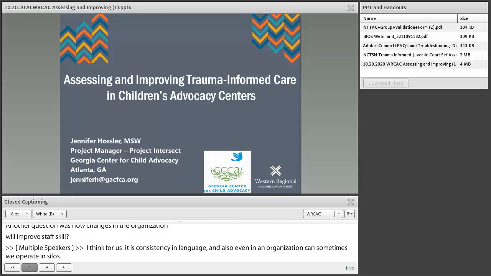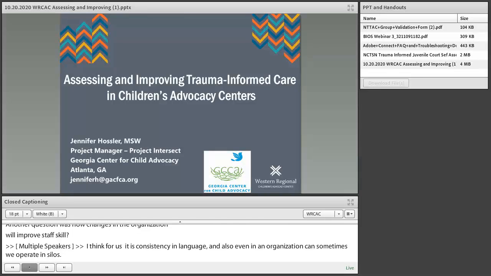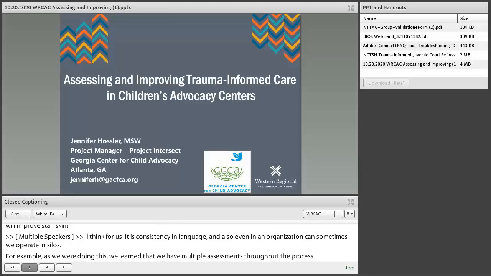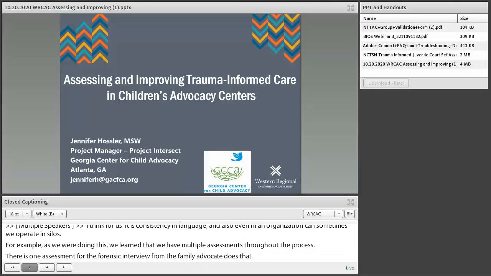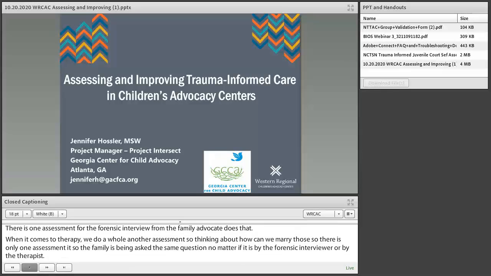There's one assessment that gets done for the forensic interview, and the family advocate does that. And then when the kid comes to therapy, we do a whole other assessment. So we thought about how we can marry those two so that there's only one assessment, so that the family is being asked the same questions, no matter if it's by the forensic interviewer or by the therapist. That was one example that we talked a lot about, and we are looking at combining and creating one standard assessment as opposed to having several.